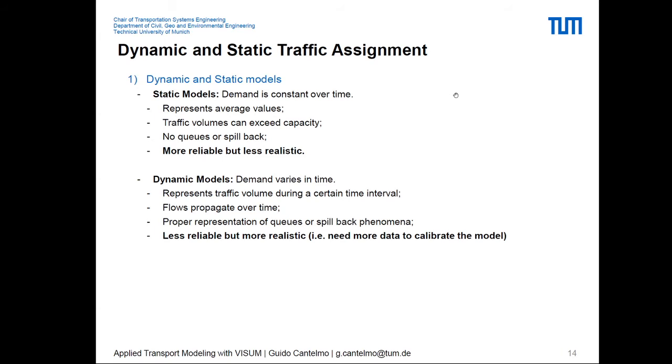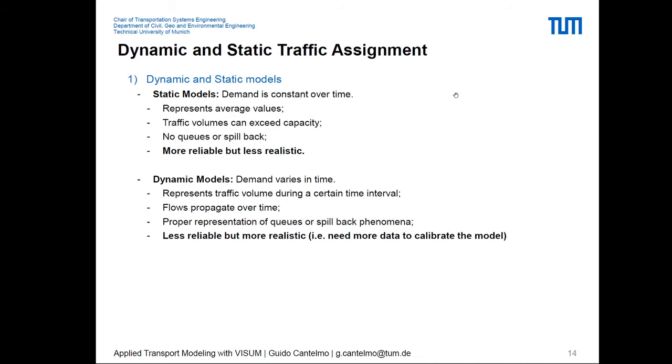If you want to understand when the congestion is, these models will not be able to really give you this information. If you are interested in congestion, you should use instead dynamic models, where the demand varies in time. In a dynamic model, the volume of traffic is described at each time interval, and flows propagate over time.